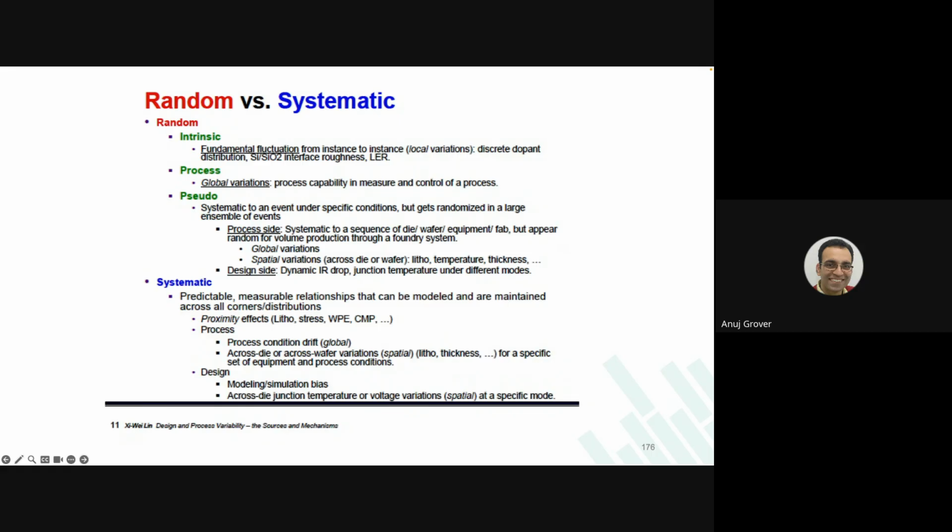Now, in advanced technologies and with advanced tooling, we have more advanced methods of estimating the impact of variations. We'll look at those also. But Monte Carlo is the most basic one, or the first one that was brought in, and others have made improvements on Monte Carlo.